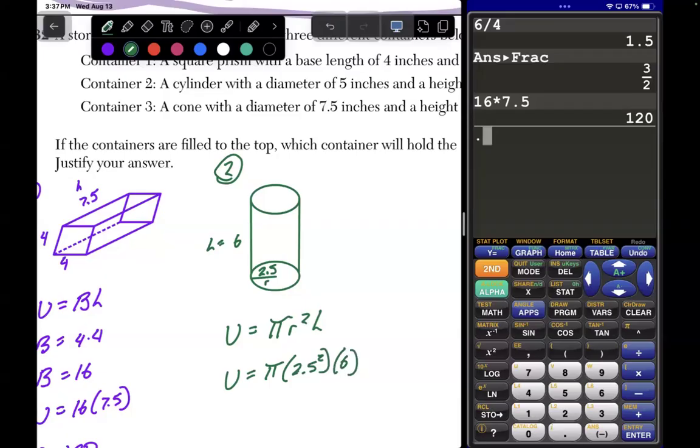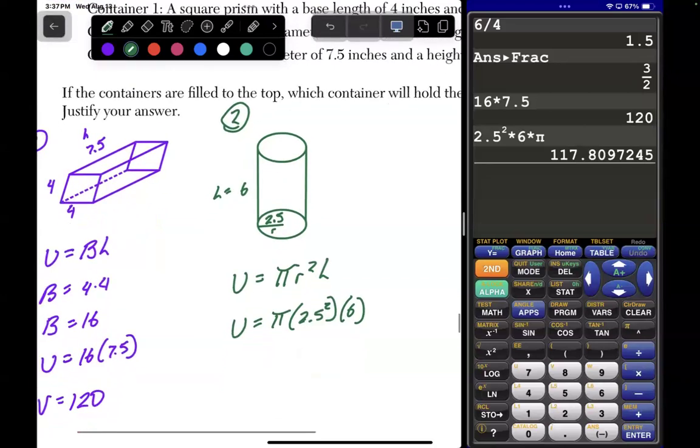So it's 2.5 squared times 6 times pi. You're probably like, you didn't multiply them in the right order. It's okay. It's multiplication. You can multiply in any order. It's commutative. So the volume of this guy is about 118.